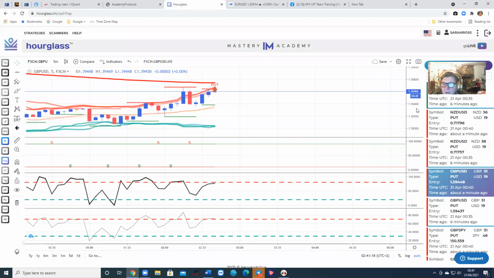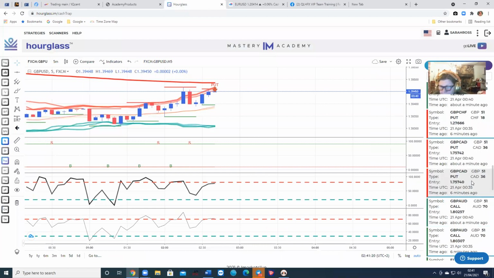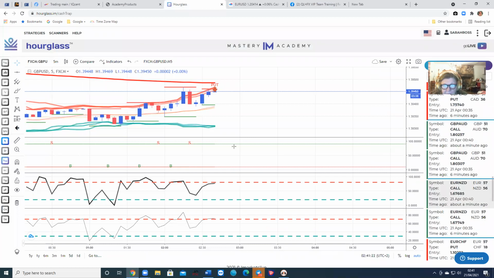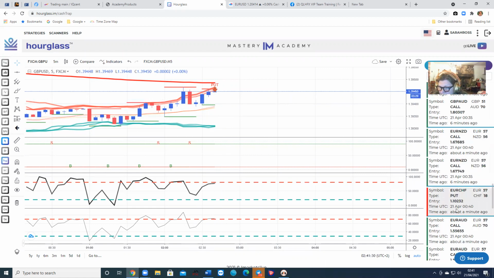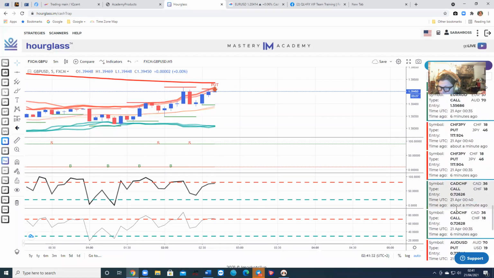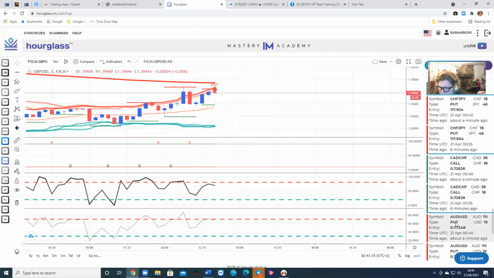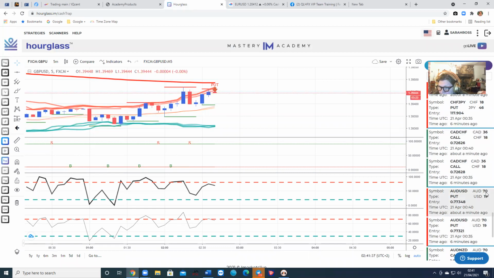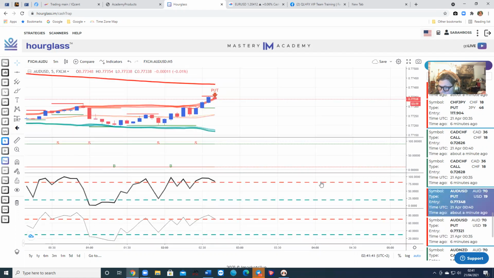Australian dollar stronger. That's slow to move, but it is moving now, but it's flatlining on that GBPUSD. AUDUSD has called two puts, but the Australian dollar is significantly stronger. So we would want to wait for that to work its way down and take a call.